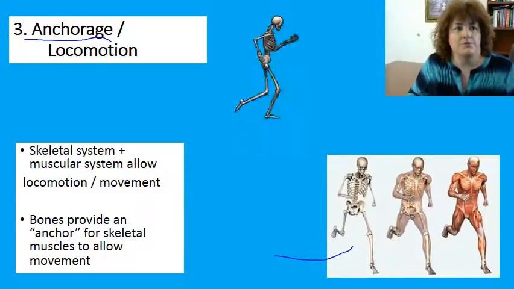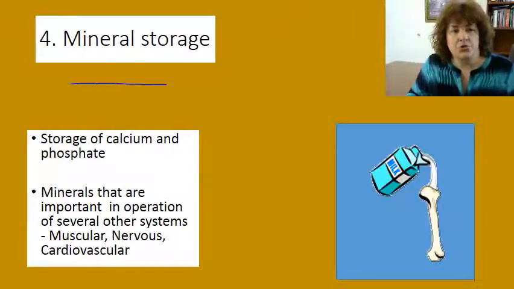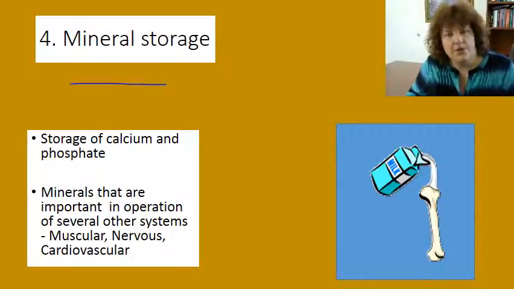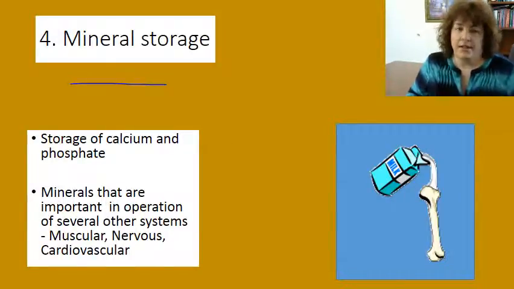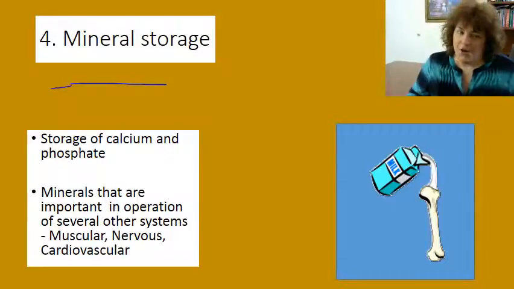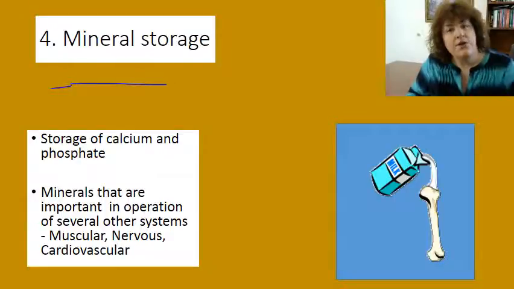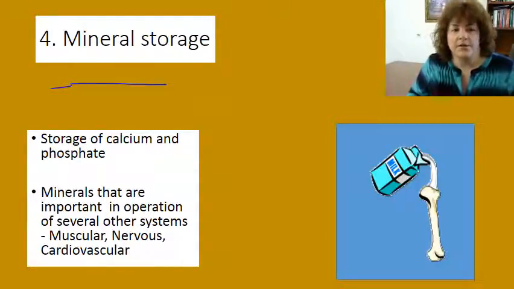Mineral storage. Now, I think in our country we are brainwashed to drink milk to get calcium to build strong bones, and that's very true. We need calcium to create bone. But on the other hand, we also use the bones to store that calcium. We need calcium for other things. So calcium is very important for muscle contraction.